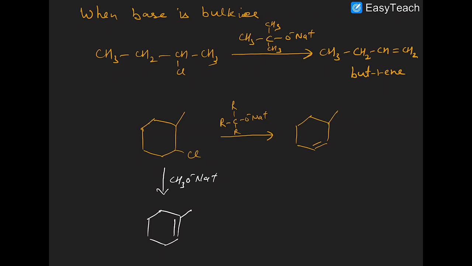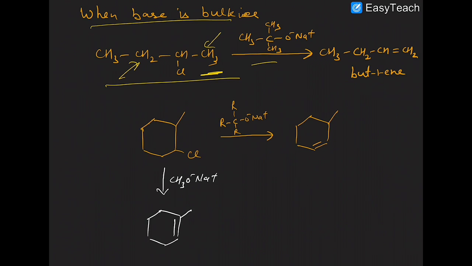The next case is when the base is bulkier. When the attacking base is bulkier, then it can't reach the hydrogen from the back side. Then it will attack the hydrogen which is easily available, which means a terminal hydrogen can be lost more easily. So here there are 2 carbon atoms, but this hydrogen can be easily approached by this bulkier group, that is tertiary butoxide.